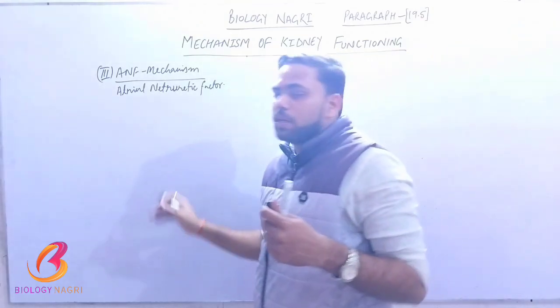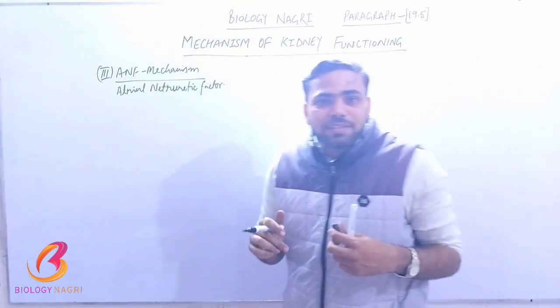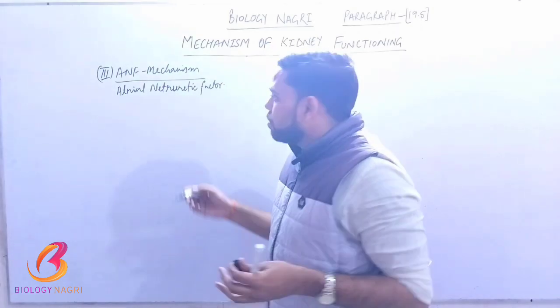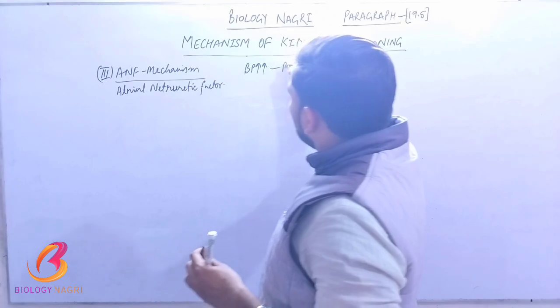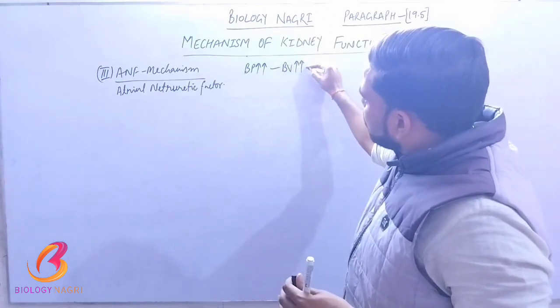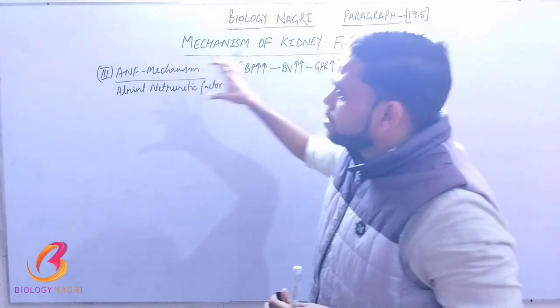This third mechanism starts when there is an increase in blood pressure or an increase in blood volume, and finally the GFR is more than the initial state. In this condition, this mechanism will start working.